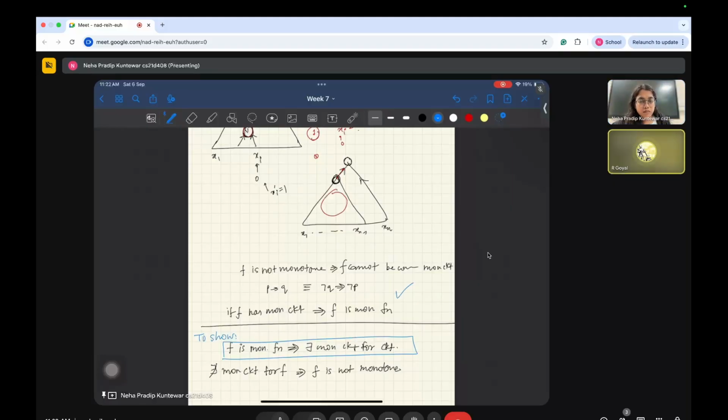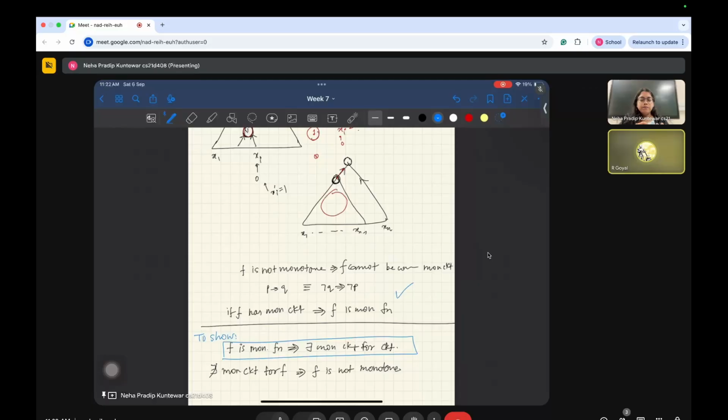So if f is a monotone function, then where is the difficulty? If f is a monotone function, then if x is less than or equal to y, then f of x is less than or equal to f of y.